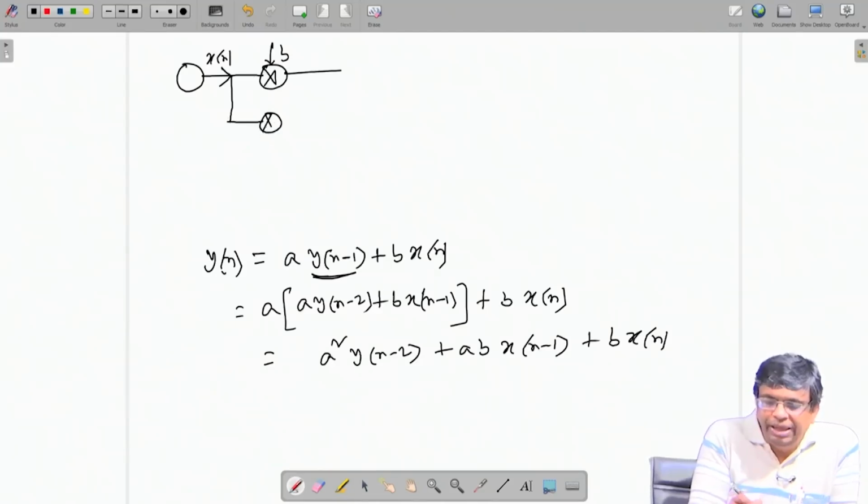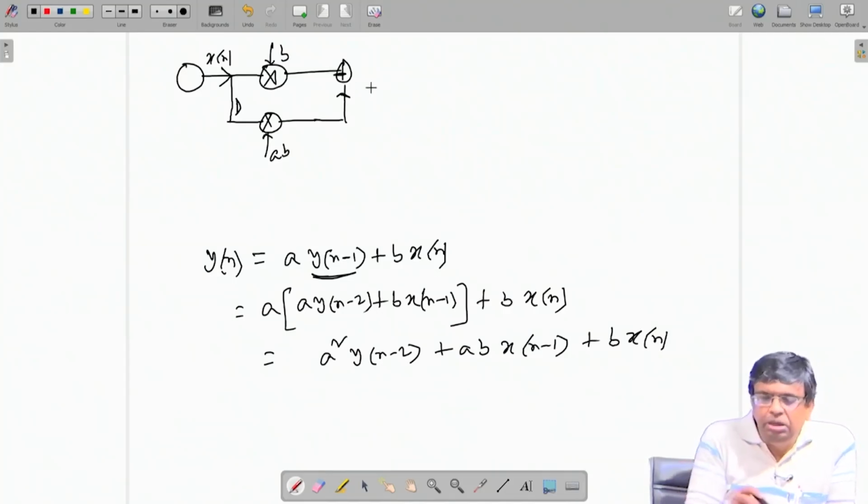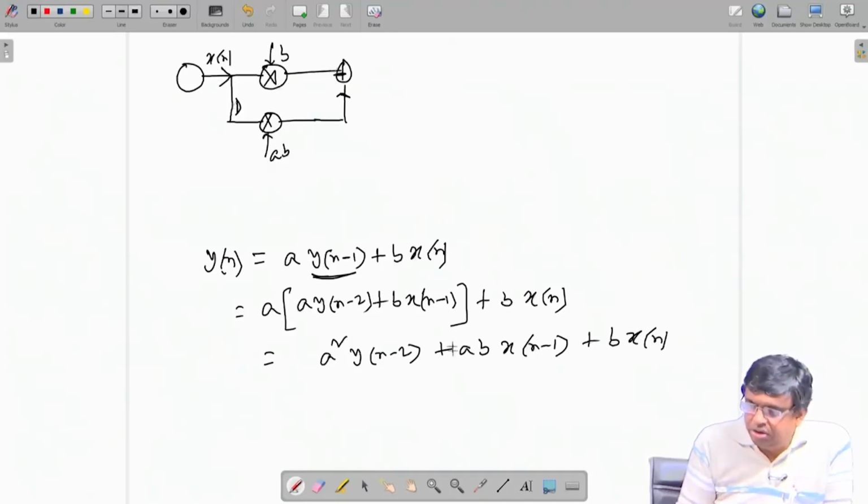A B they are all known beforehand. So, B or A B, these factors are known beforehand. There is a delay, they get added. Okay, A B, so B x n and A B x n minus 1 get added. So, I got this part.